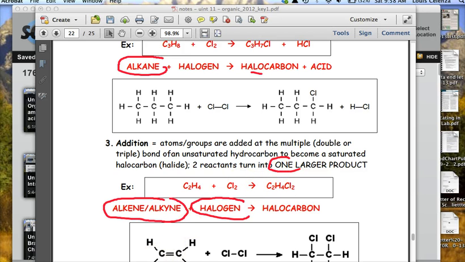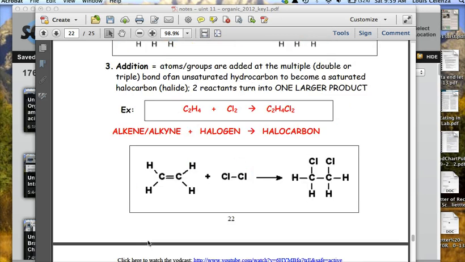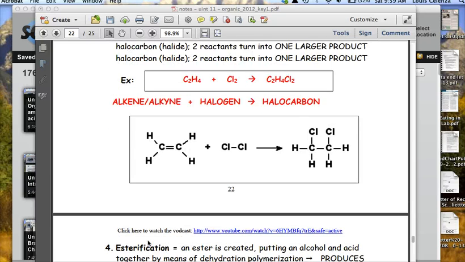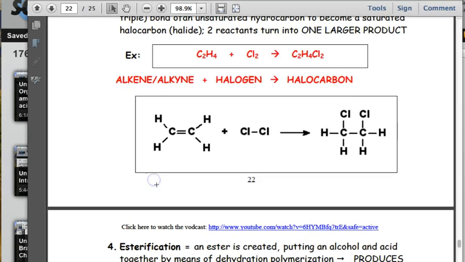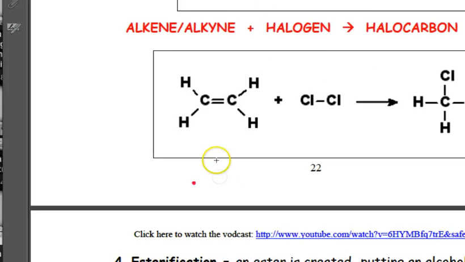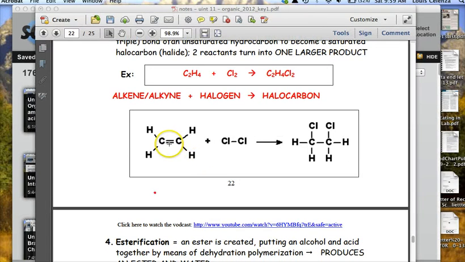And here's the difference between it. Because you're starting out with an alkene, which has a double bond, what actually happens is that double bond is broken. If you break this double bond here, each carbon now needs to form another bond.